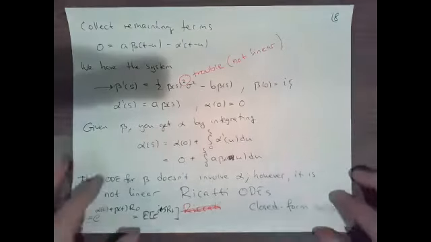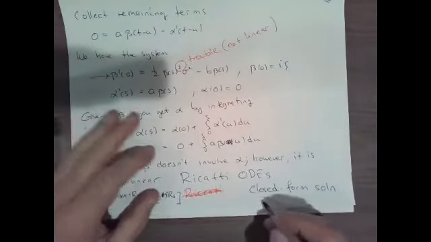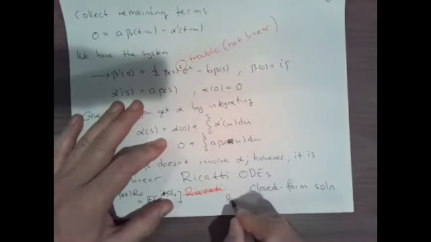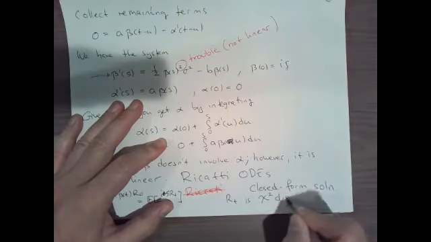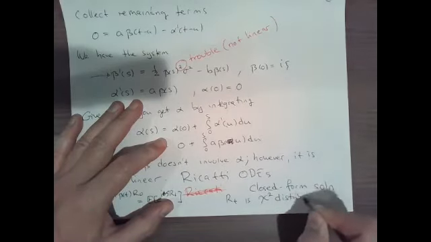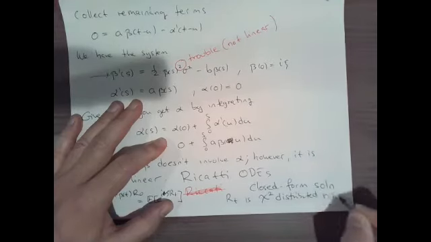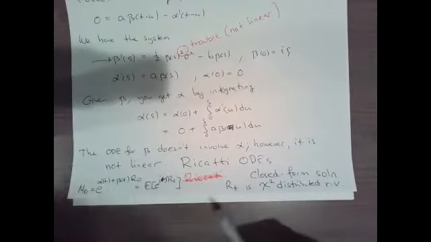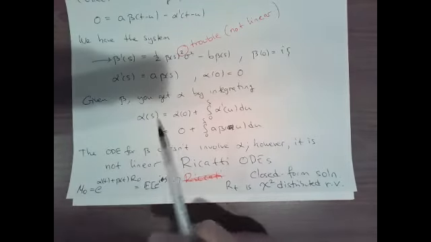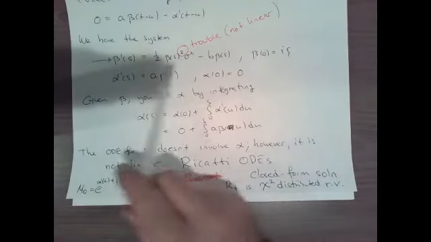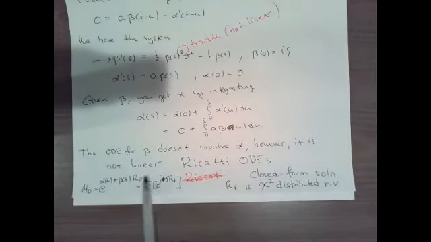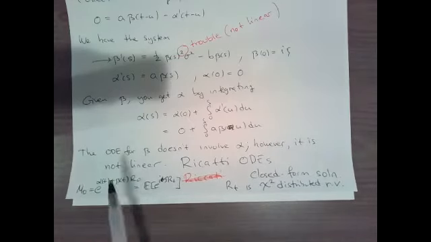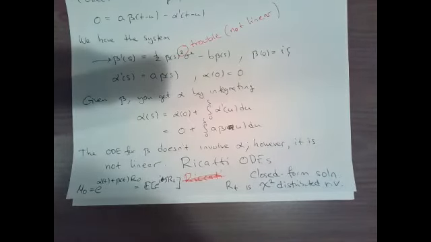For those of you that want to go through with this, you should end up proving that RT is a chi-squared distributed random variable. When you go through and actually work out what the solution is to this Riccati equation up here, and then you integrate with alpha, then you should recognize this expression over here as the characteristic function for a chi-squared distributed random variable.